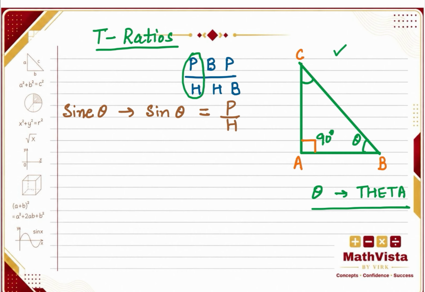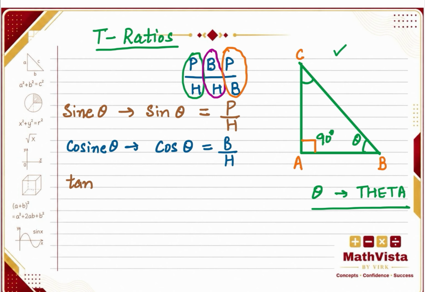Now we go to the next trigonometric ratio, that is cosine theta. In brief, we can just write cos theta, and that is the ratio B over H, that is base over hypotenuse. Now we take the third ratio, that is P over B, and we use it for tangent theta.